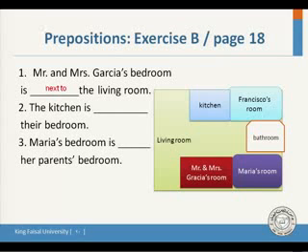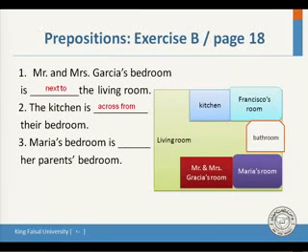The bedroom is next to the living room. This is a preposition. Number 2, the kitchen is blank their bedroom. Look at the diagram. Where is the kitchen? And where is Mr. and Mrs. Garcia's room? Okay?